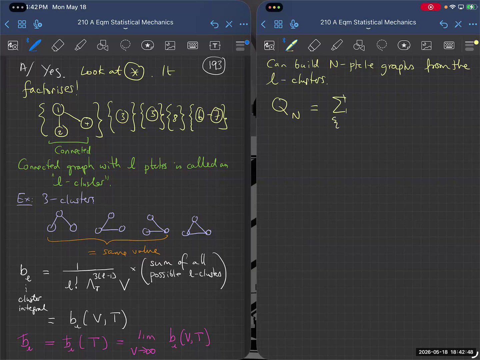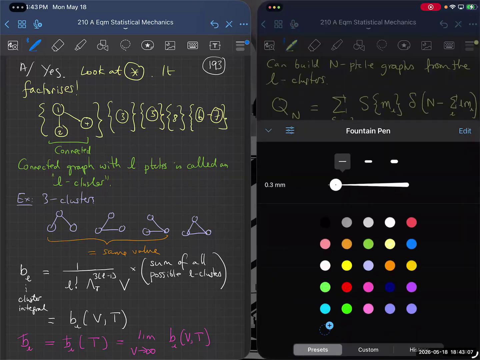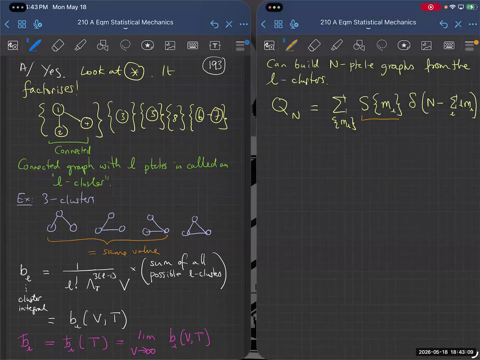I'm going to write it down and I'll tell you what it is. Okay, let me explain what these things are. And I'm not going to derive this or show you all the algebra that comes into it.